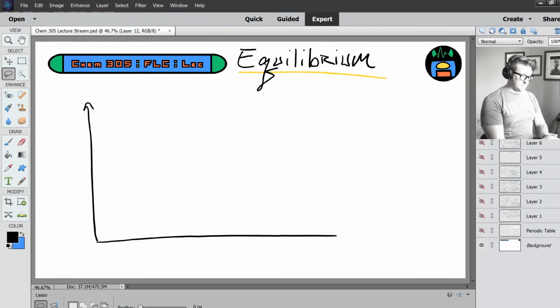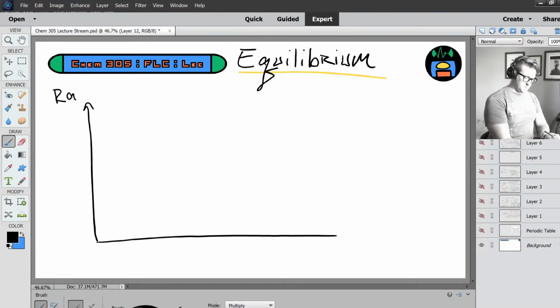I'm going to put rate on the y-axis, and time on the x-axis.